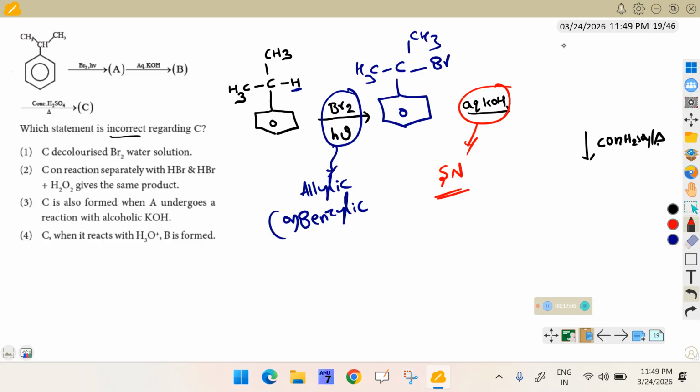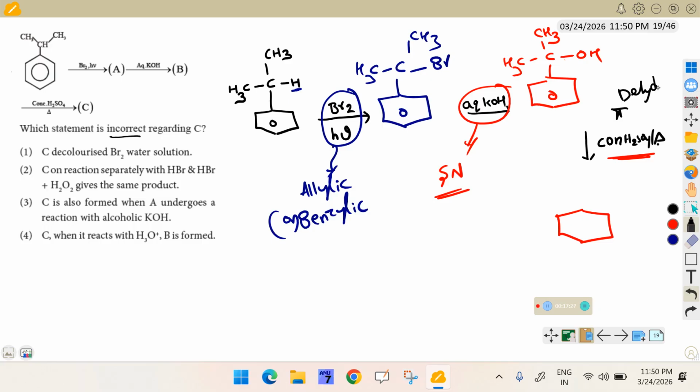Nucleophilic substitution takes place and it gives C(CH3)OH CH3, which reacts with concentrated H2SO4. Then it gives alkene. Dehydration takes place and it gives alkene. C double bond CH2 single bond CH3.